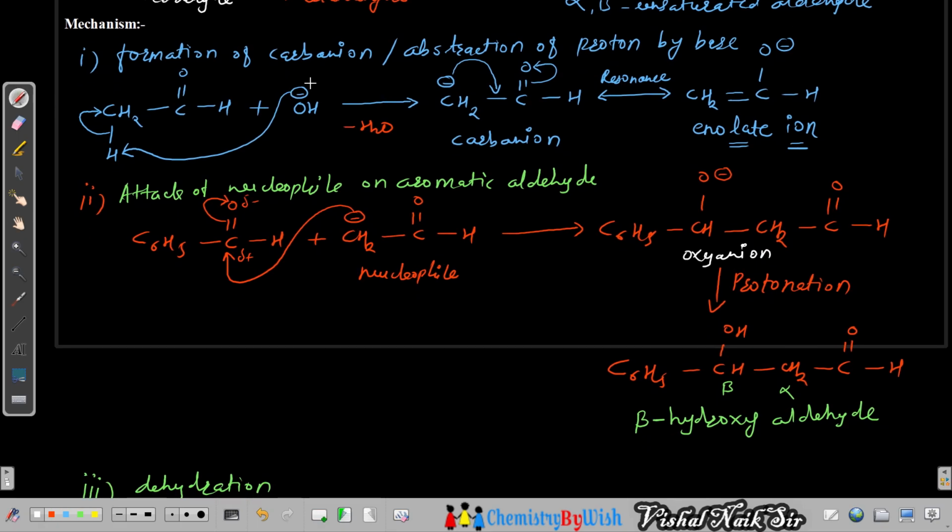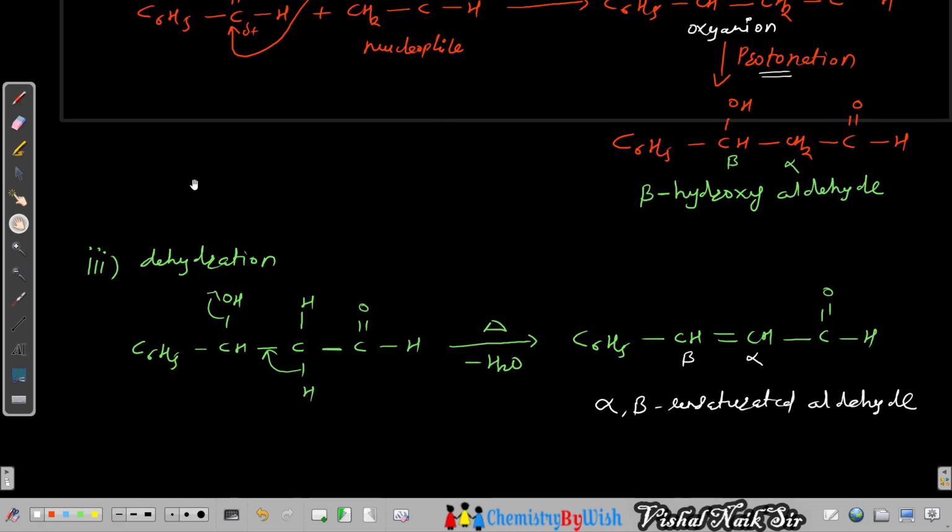The proton the base abstracted is taken back by this O minus, which is called protonation, and we get a beta hydroxy aldehyde as a product. This beta hydroxy aldehyde then on dehydration, the last step, gives an alpha beta unsaturated aldehyde.